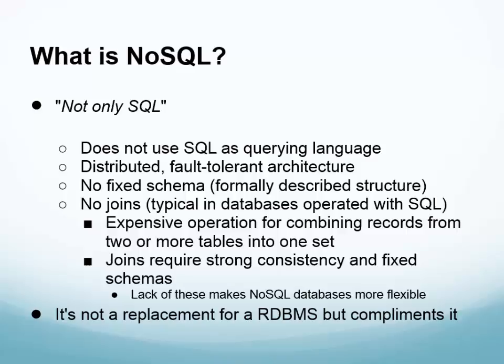We can actually create virtual joins, but those will be programmatic joins on their own. And this works in the benefit of NoSQL databases, because as we don't have a fixed structure and don't use joins, it's very flexible, and this helps us in situations where RDBMS is not suitable, right?